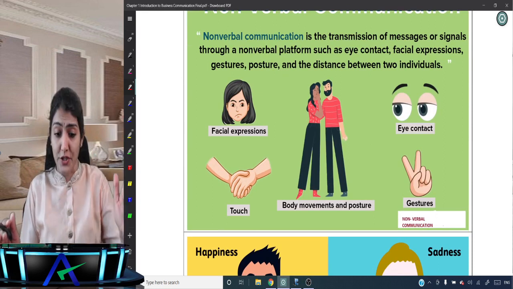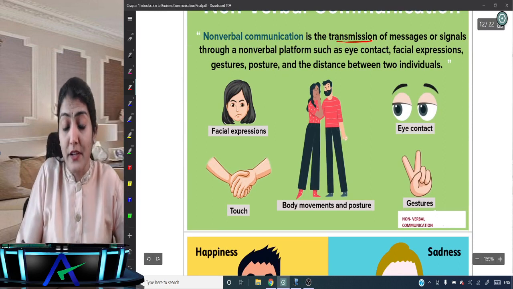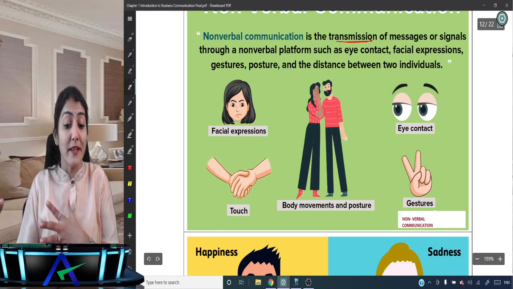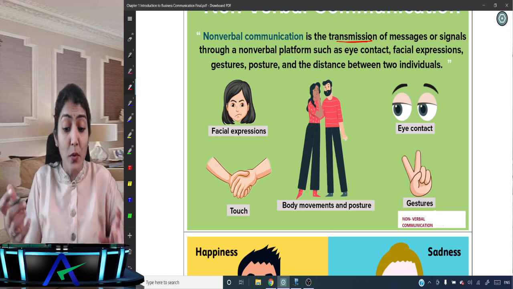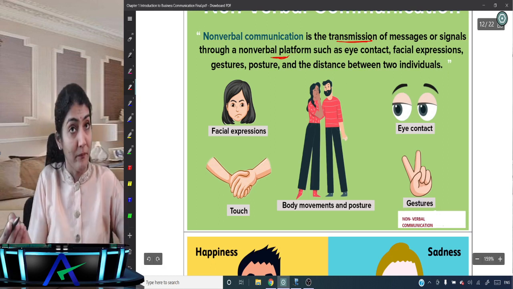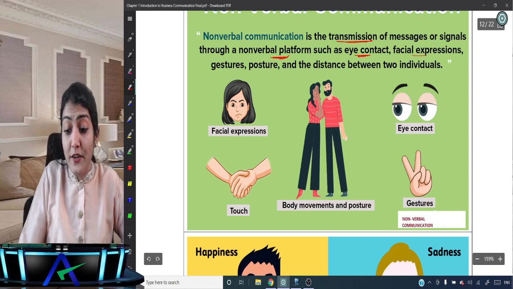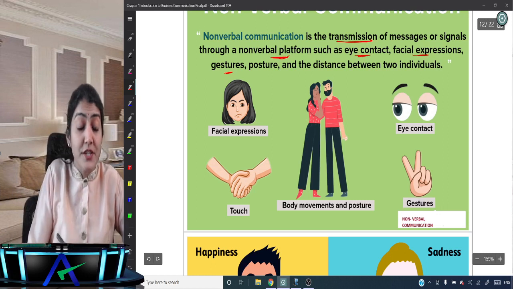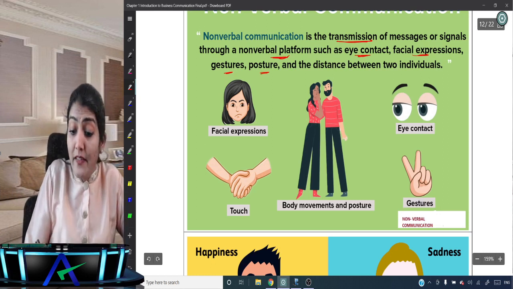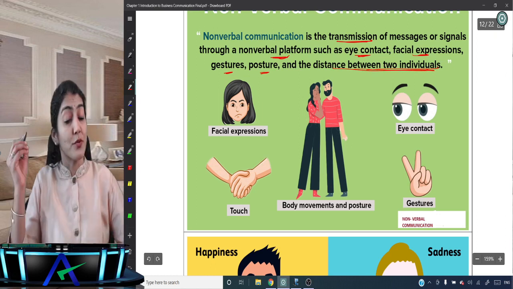Non-verbal communication is the transmission, again the exchange, the sharing of messages or signals through a non-verbal platform, such as eye contact, facial expression, gestures, posture, and the distance between two individuals. Right?